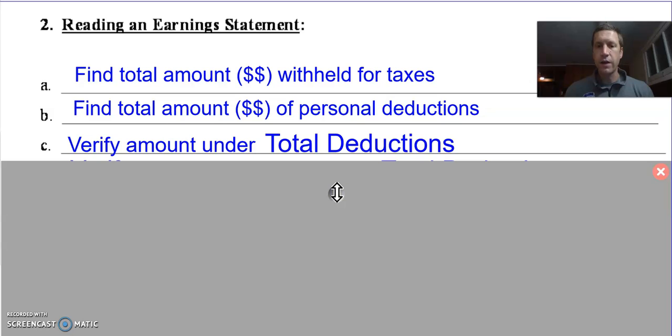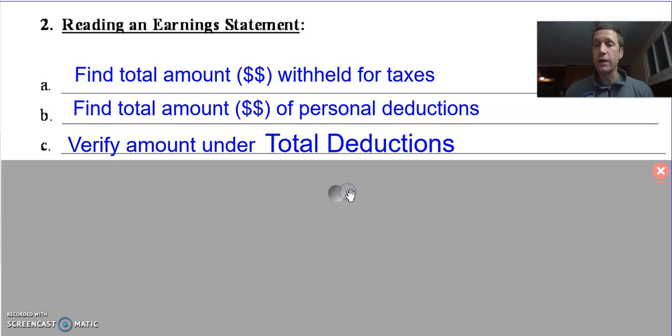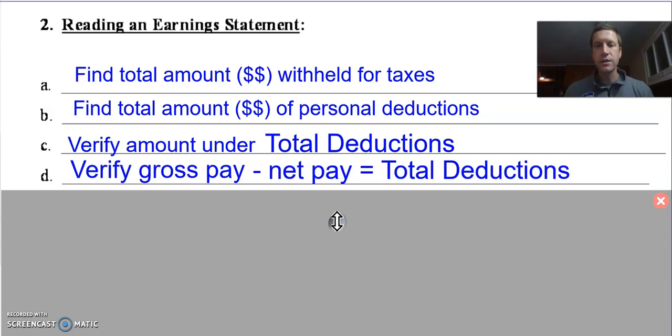Thirdly, we want to verify the amount that's listed under your total deductions. The way we find that is by adding steps A and B, the taxes and personal. And then lastly, we just want to verify that our gross pay minus our net pay equals the total deductions.